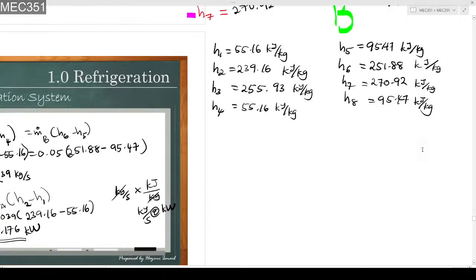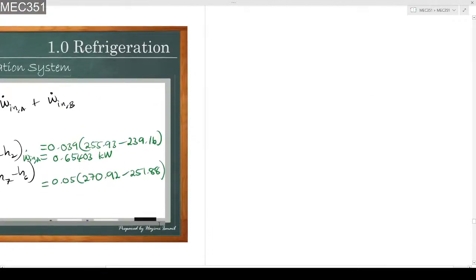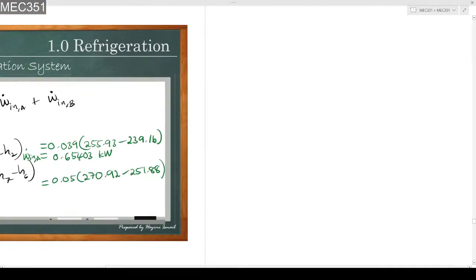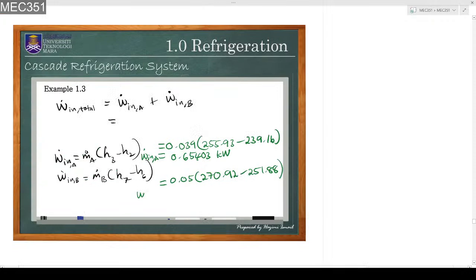Okay, double check. 251.88. Okay, it's correct. And then we will get the value for compressor in system B is equal to 0.05 times 270.92 minus 251.88. So you will get 0.952.